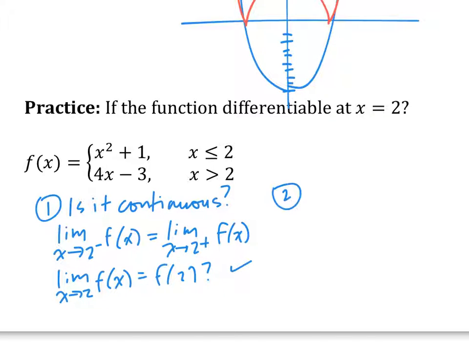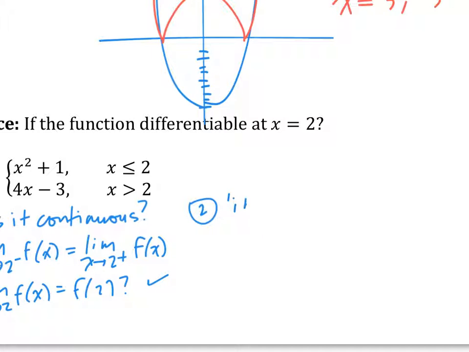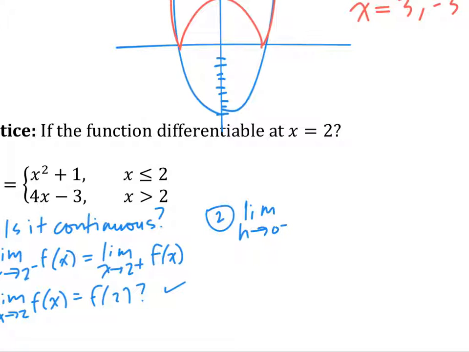The second thing: is it differentiable? Meaning, what is the derivative from the left? What is the derivative from the right? Are they the same number? This is a little bit harder because it's a little long. h goes to 0. We're doing the left-hand side, so 0 minus. Let's do the first function: x plus h squared plus 1 minus x squared plus 1, all over h.